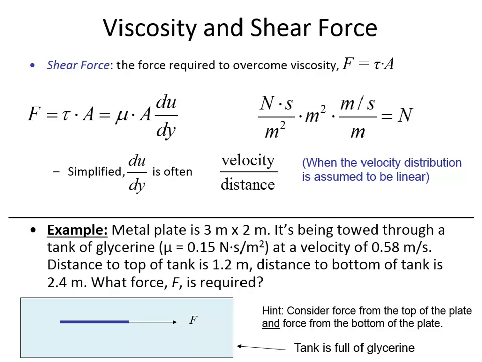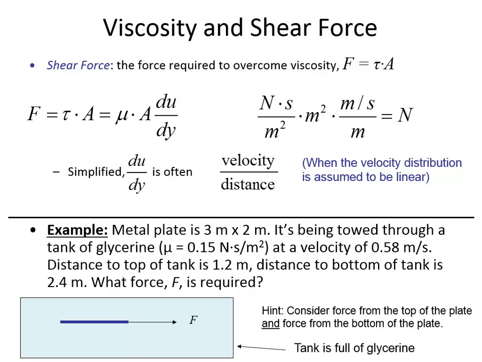And now the velocity that we're shooting for is 0.58 meters per second. And the distance between the top of the tank and the plate is 1.2 meters. So we use 1.2 as the dy. And from that, we get that it is 0.435 newtons.